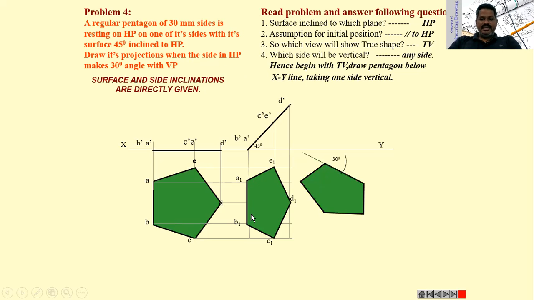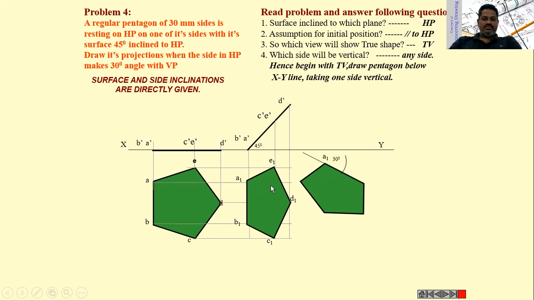Then take exactly 30 mm in the compass and locate one side, and after that take the compass and locate all these points exactly at an angle of 30 degrees on this 30 degrees line.